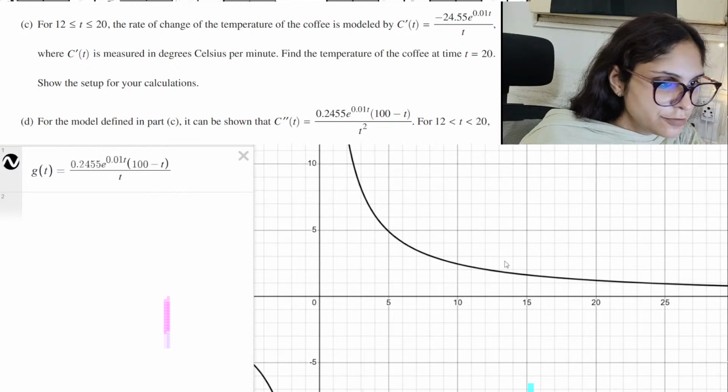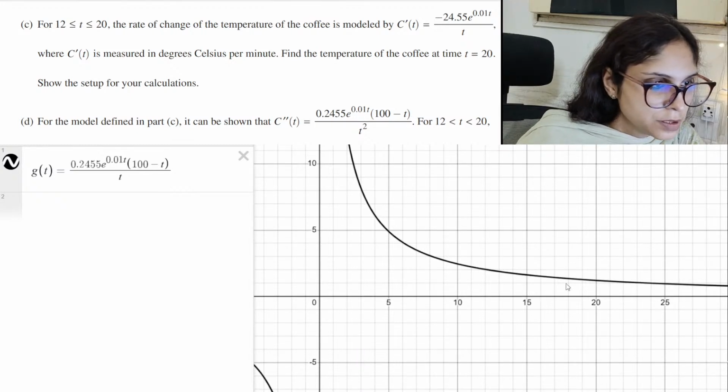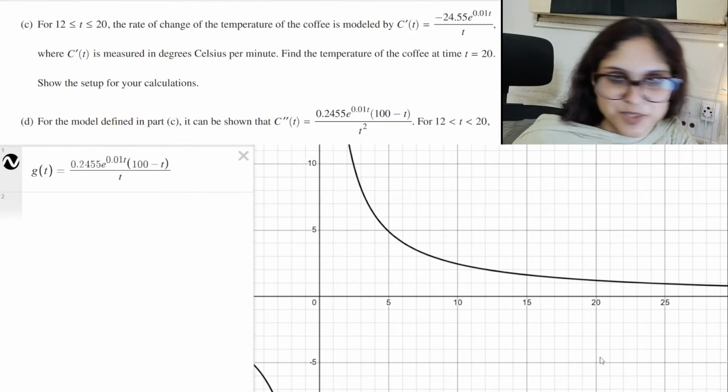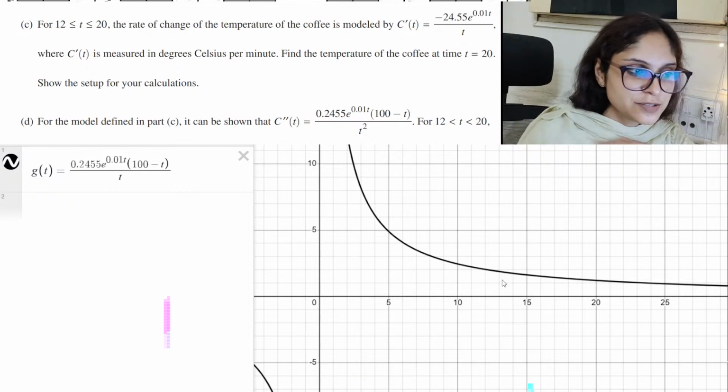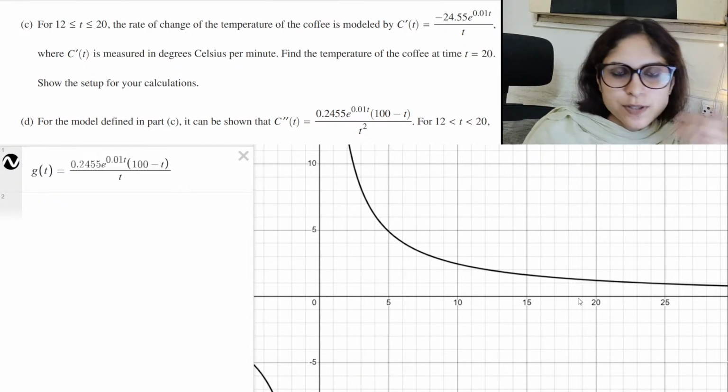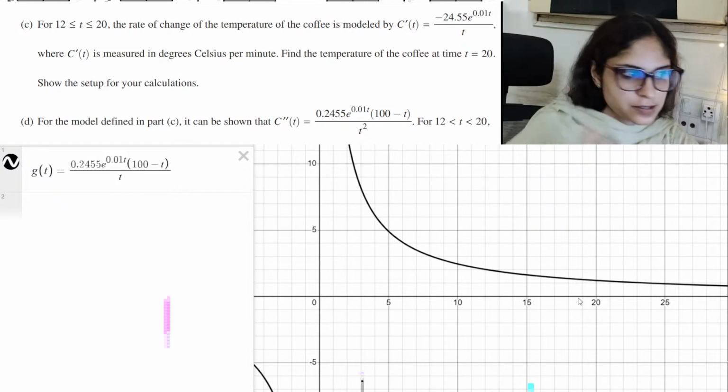And now if you see the graph from 12 to 20, you see it's positive, just like I told you. You can see from 12 to 20, the graph is positive because it is above the x-axis.